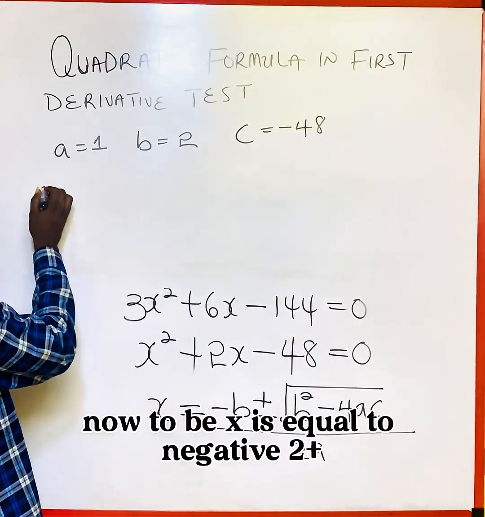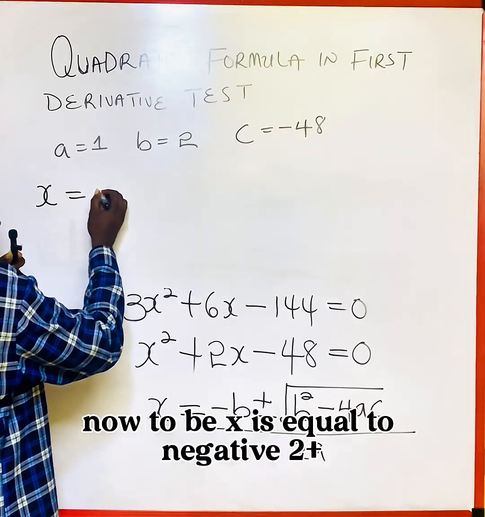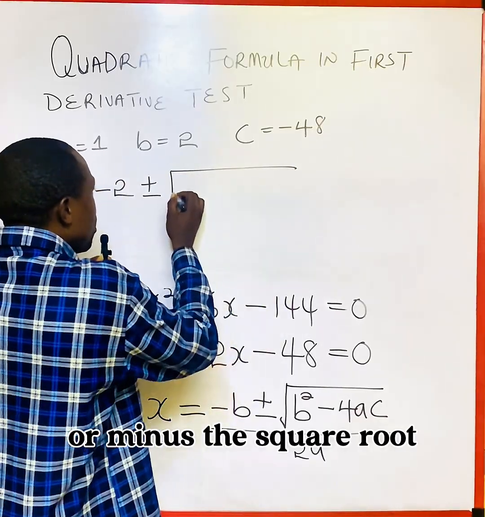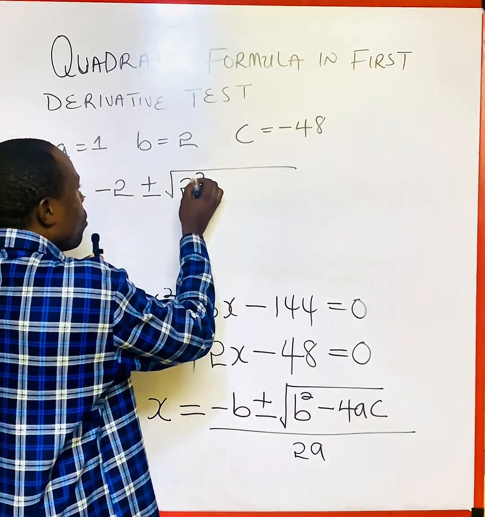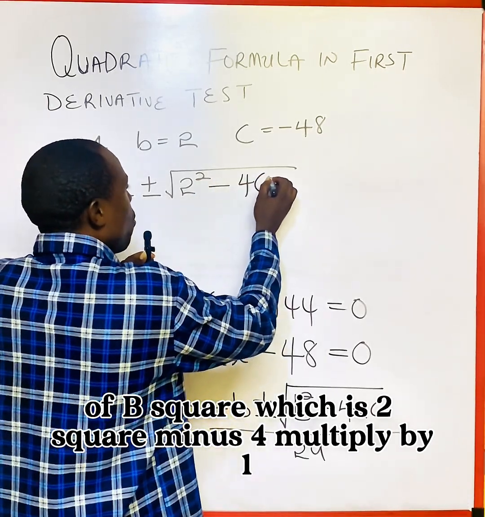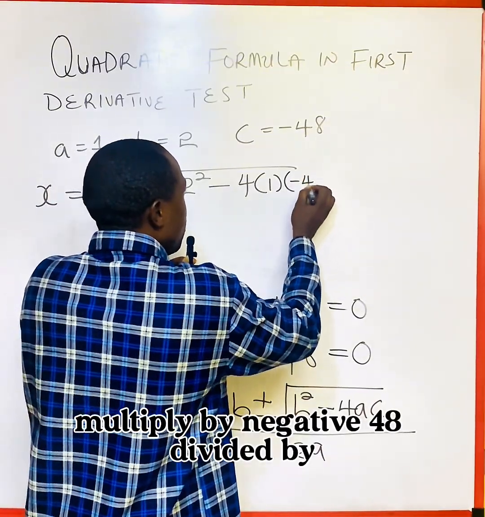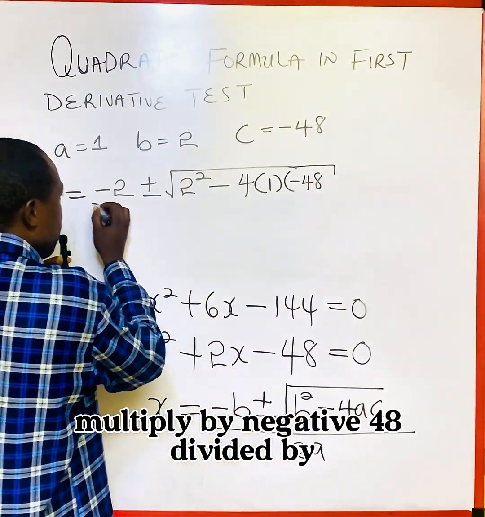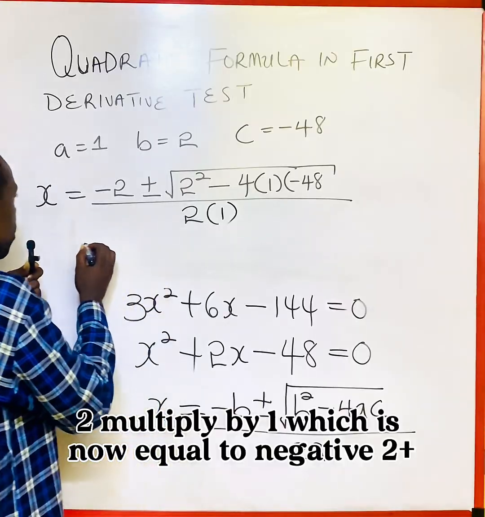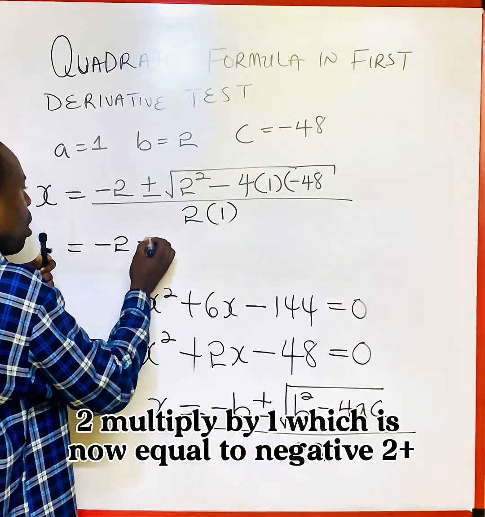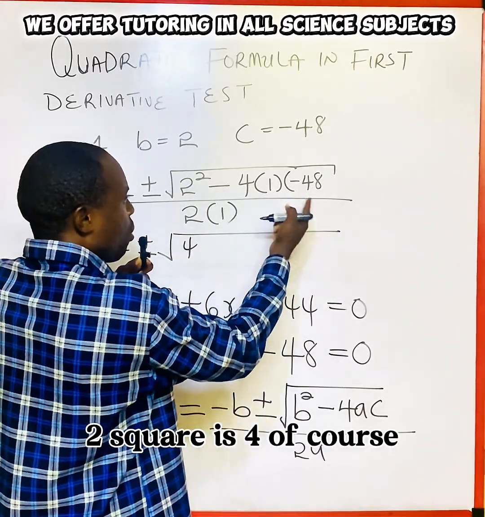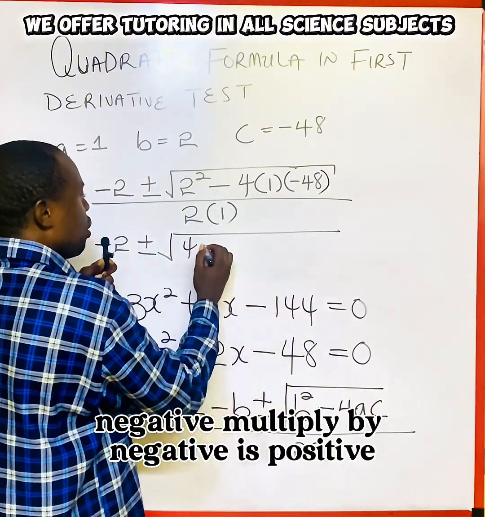So I can apply the formula now: x is equal to negative 2 plus or minus the square root of b squared, which is 2 squared, minus 4 multiplied by 1 multiplied by negative 48, divided by 2 multiplied by 1, which is equal to negative 2 plus or minus the square root. 2 squared is 4. Of course, negative multiplied by negative is positive.